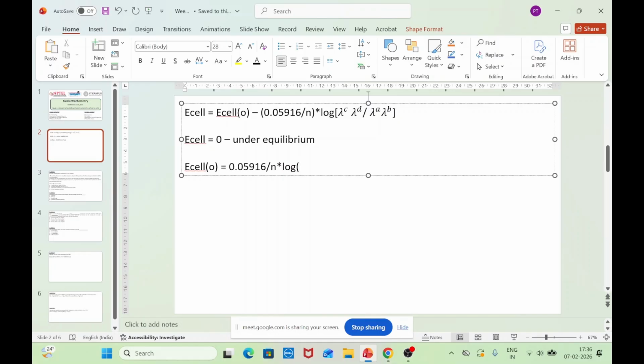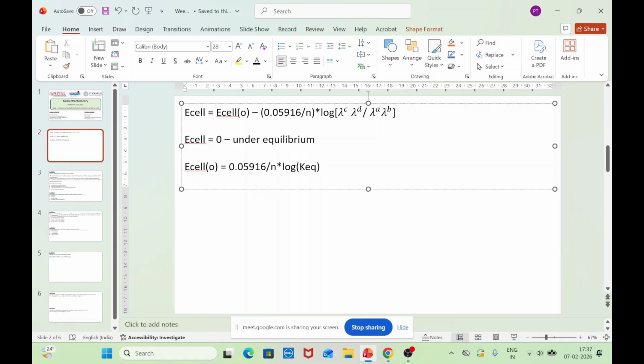And since this is going to be at equilibrium, you can express these activity coefficients in terms of the equilibrium constant as K equilibrium. So this will be the expression where you can say the standard cell potential E naught cell equals 0.05916 by N, where N is the number of moles of electron transfer, times logarithmic of K, that is your equilibrium constant.